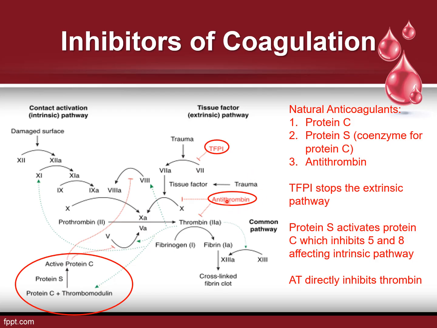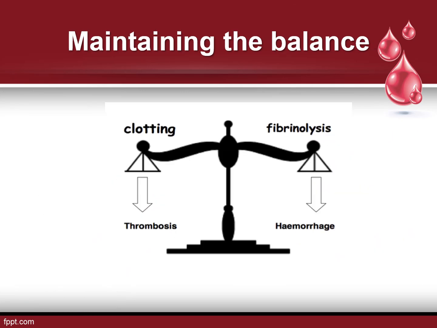Antithrombin is a direct inhibitor of thrombin, and you have the tissue factor pathway inhibitor that stops the extrinsic pathway. It's another slide to explain the same idea. Excessive clotting would cause thrombosis, and excessive fibrinolysis will cause bleeding.